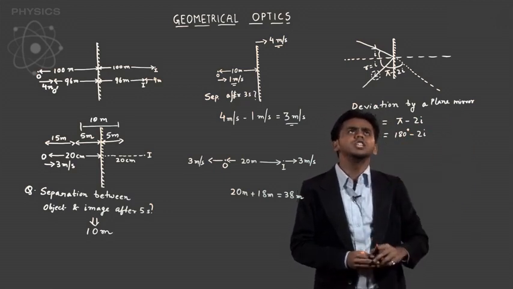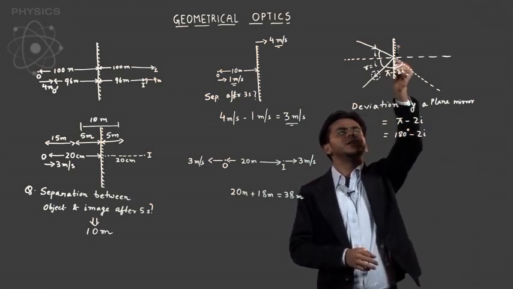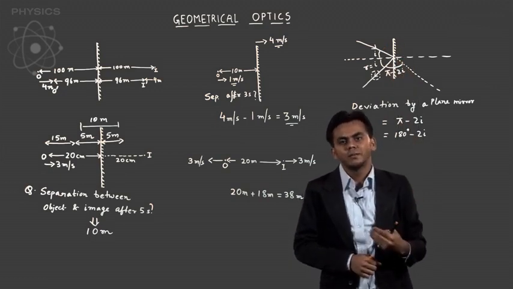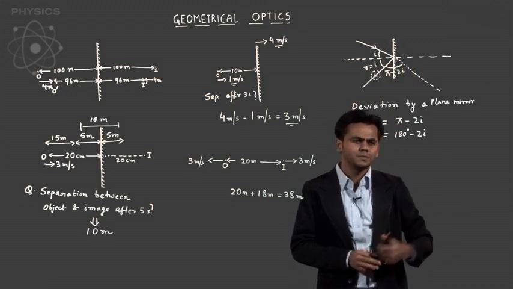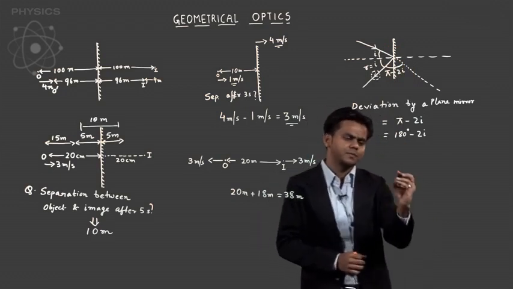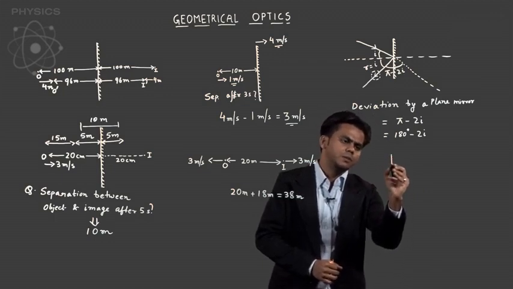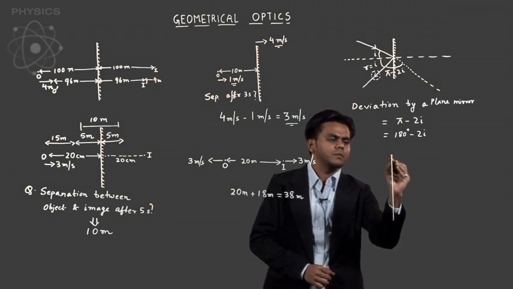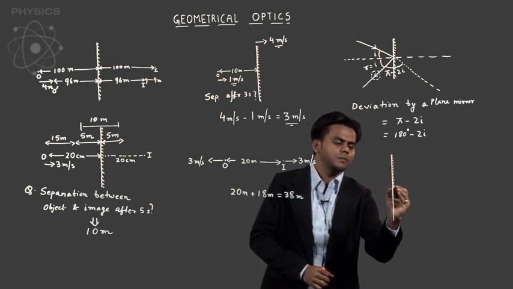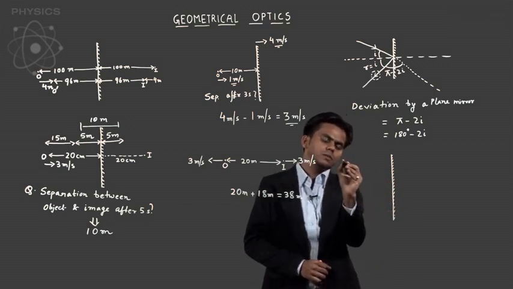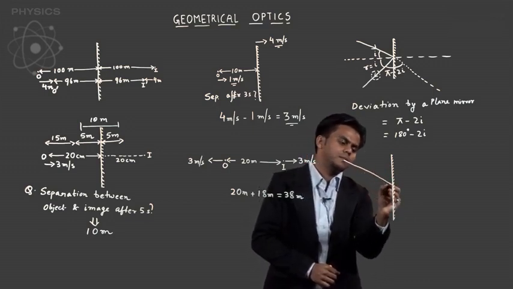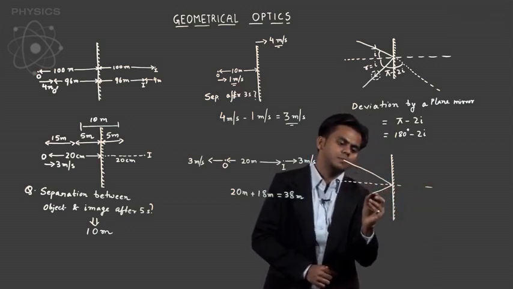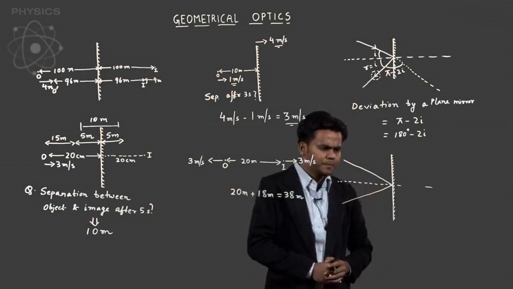Now I can also change the orientation of this mirror and then effectively change the reflected ray. My reflected ray could change its path. How? Let's understand that. This is my mirror over here. Incident ray, normal, reflected ray.